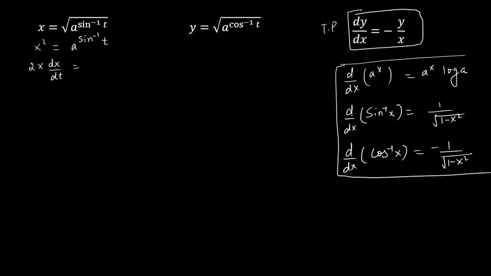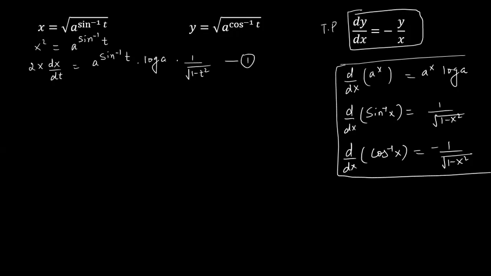So derivative of a raised to the power sine inverse t is simply a raised to the power sine inverse t into log a into derivative of sine inverse t, and we know derivative of sine inverse t is simply 1 over square root of 1 minus t square. Now this is done. Let us say this is equation 1.